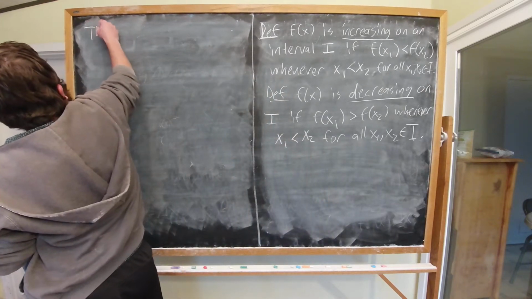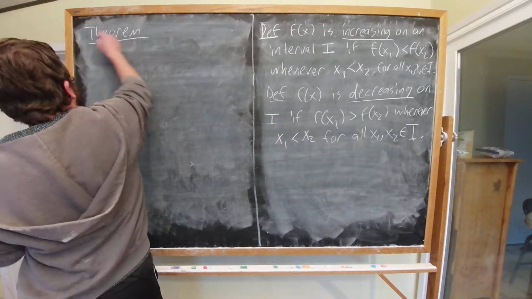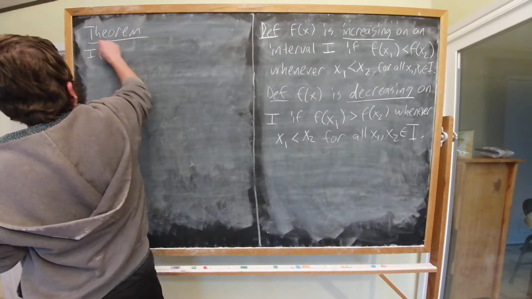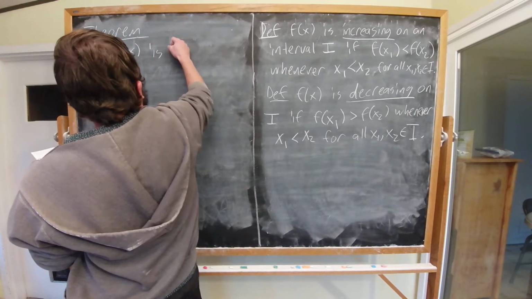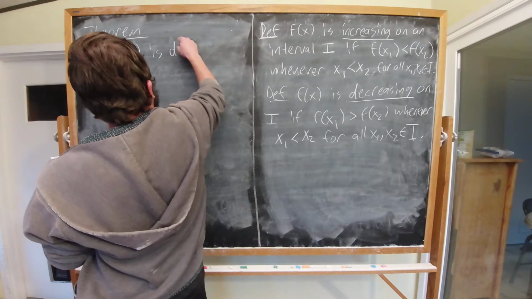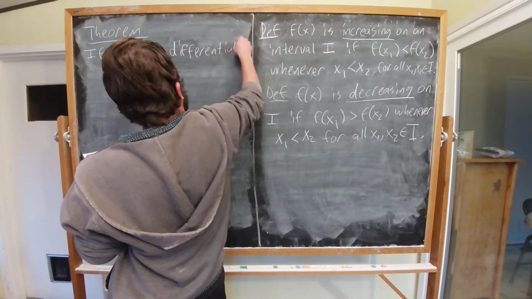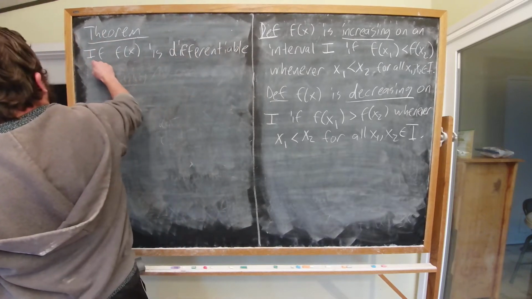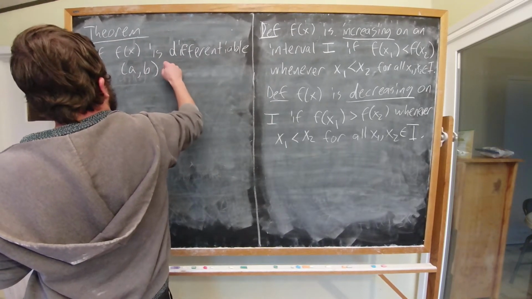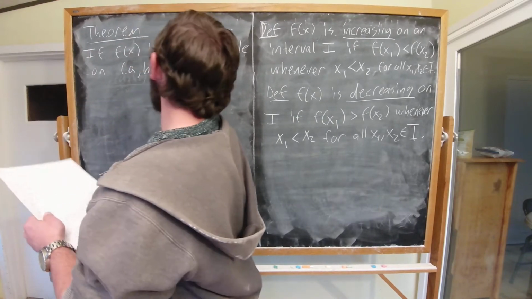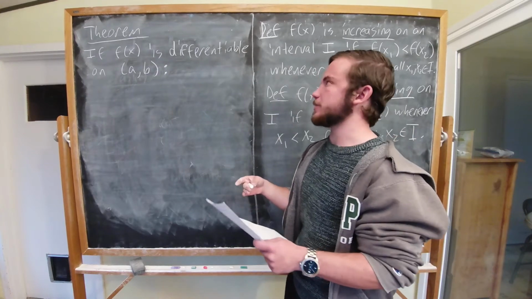So, big theorem. We have f of x to be a differentiable function on some open interval a to b. You could do closed intervals too, but it would just mess with some of the results, little endpoints.